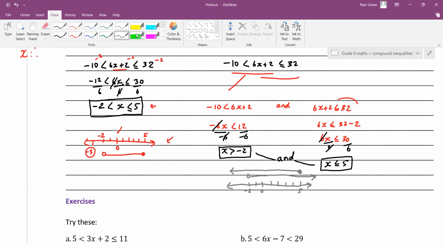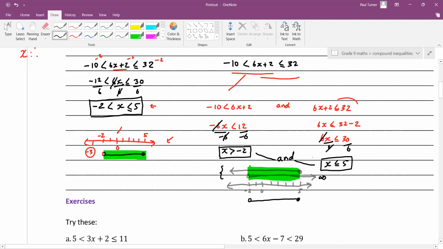So if you look at where these lines overlap, it's in here, isn't it? They have to both be true. So you can see now we're going to get the same answer as this one here. So you could have skipped this step here and you could have just gone, okay, it's got to be more than -2 and less than 5. But I did this for a reason because you do see this in some questions. And I recommend to set this up like this. So greater than -2, go to infinity.